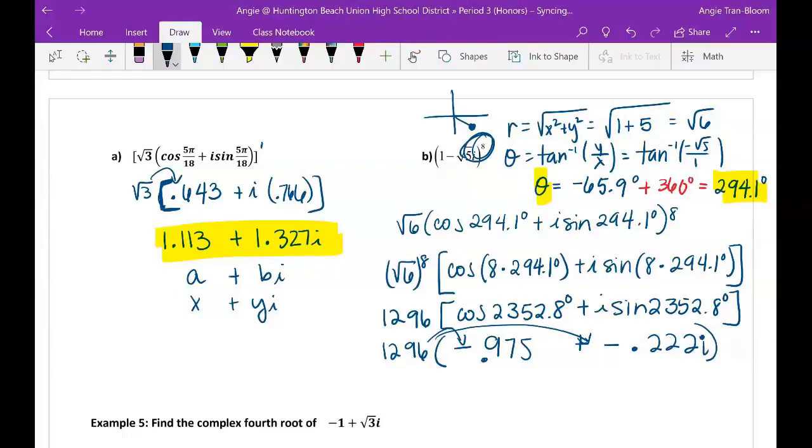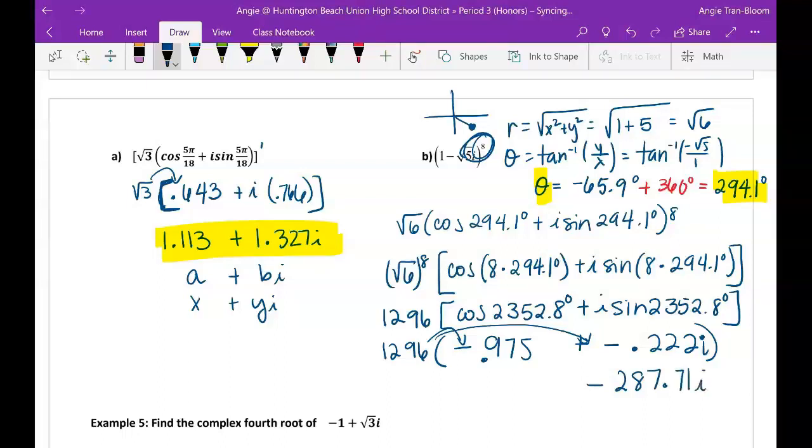0.222 times 1296 is giving me negative 287.71, and I'm rounding to 2 decimal places, so that's 287.71i.